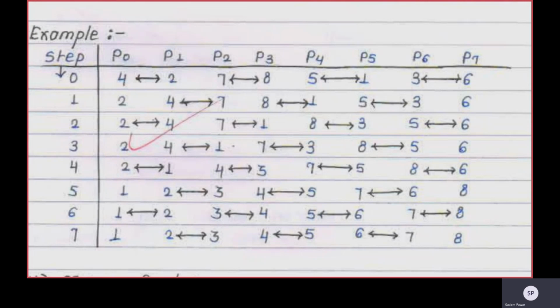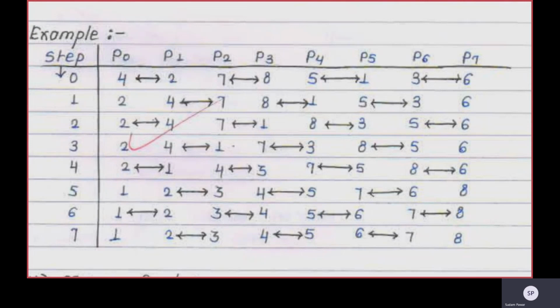For example, P0, P2, P4 and P6 are working on the even indexed elements, and P1, P3, P5 and P7 are working on the odd indexed elements.